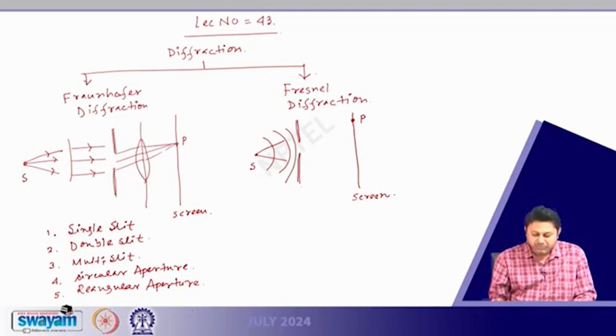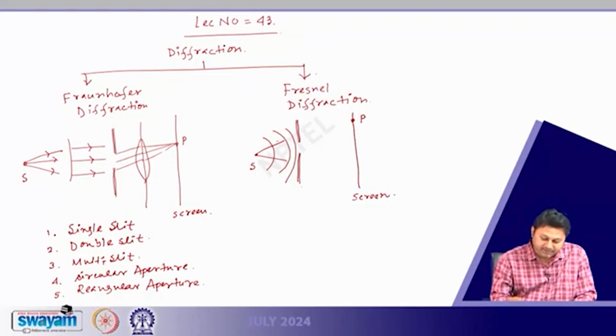Now, we are going to do a similar thing in Fresnel diffraction cases, but you will see that the treatment will be completely different here, and the basic reason is that the light coming here is no longer considered a plane wave, rather it will be considered a spherical wavefront, and based on that we will do all the treatment.